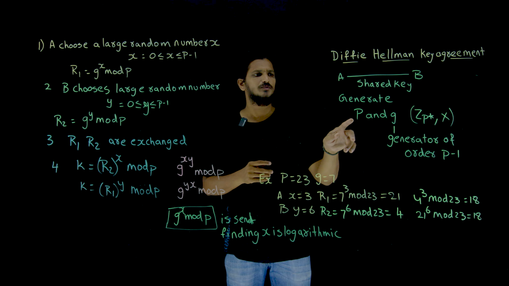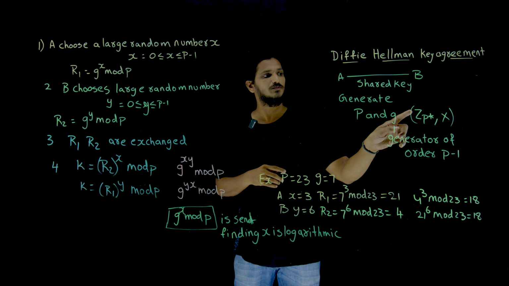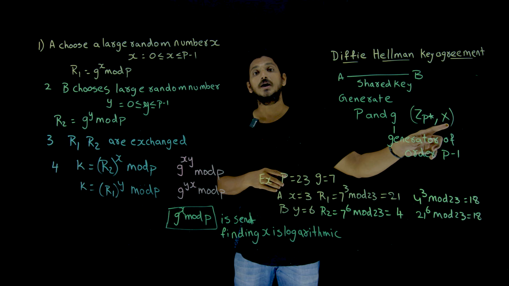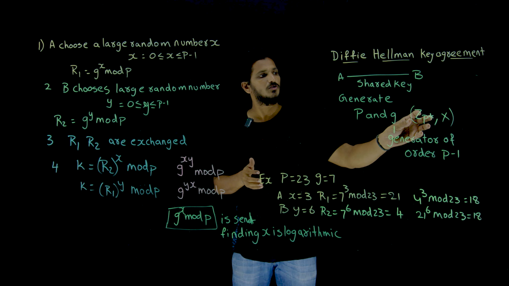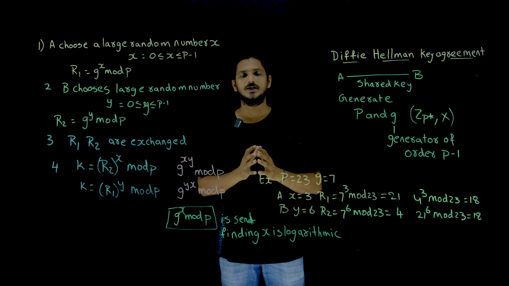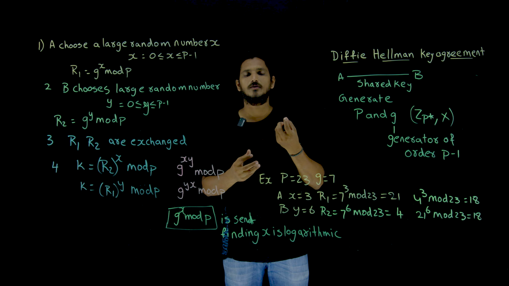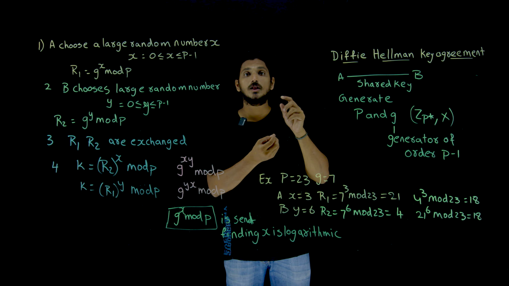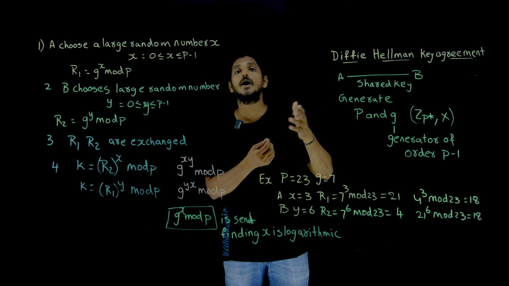The concept is that if you generate a prime number P, you get the numbers from Zp star over the multiplication operation. This means we have a set of numbers, a group, over a multiplication operation. From that you can pick a generator of order P minus 1, which is going to generate numbers from 0 to P minus 1.